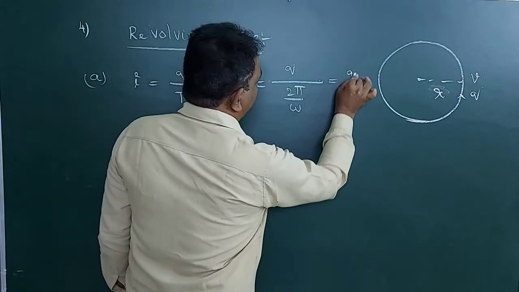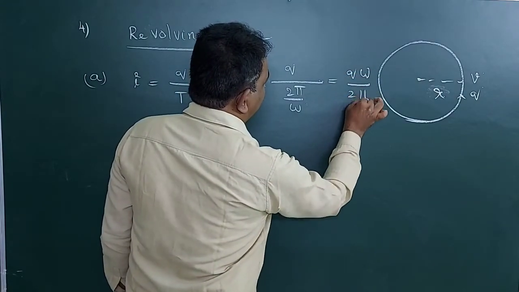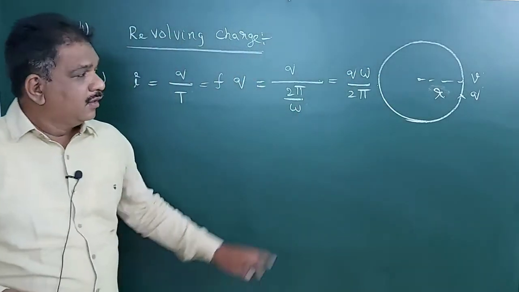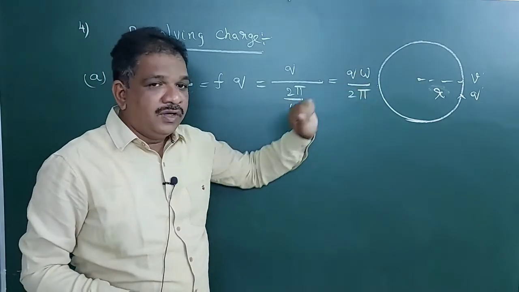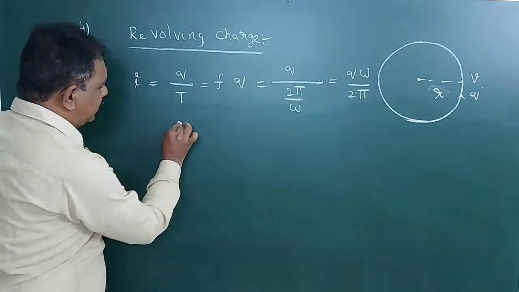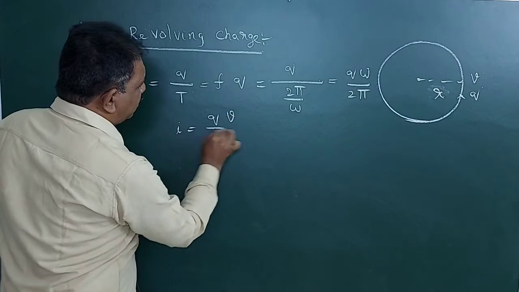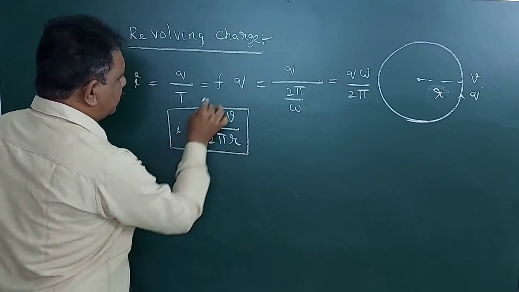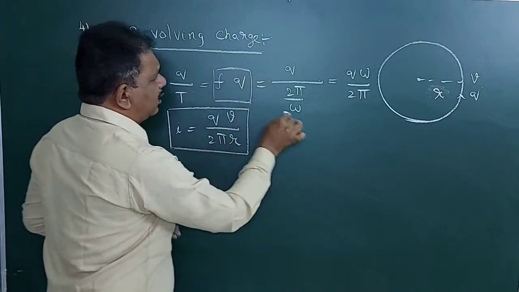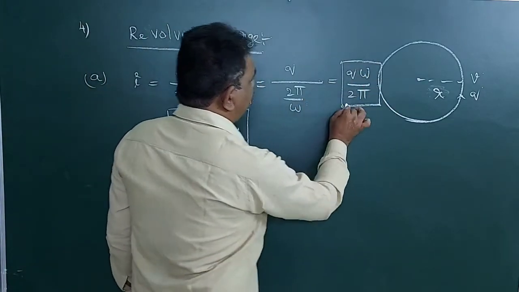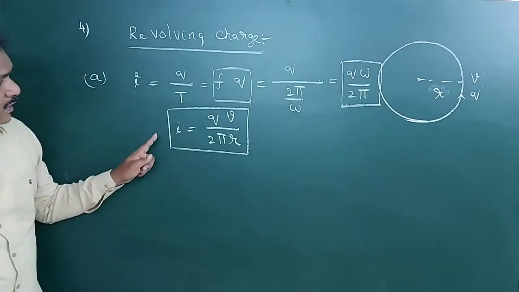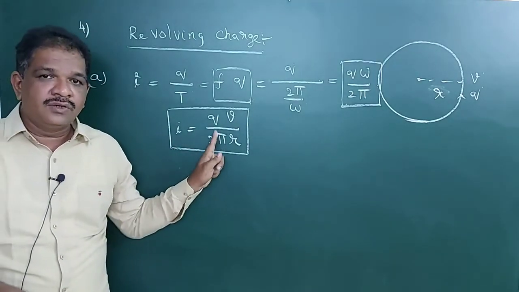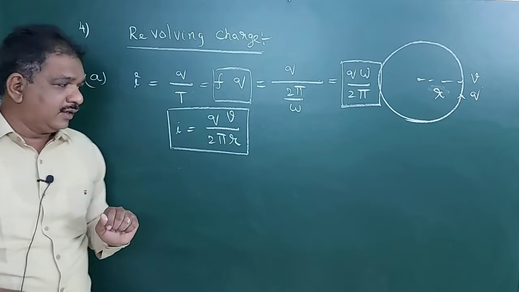So another formula will be Q omega by 2 pi. Omega is equal to V by R. So I is equal to QV by 2 pi R. This formula, the FQ formula or QV by 2 pi R formula, generally we will use to calculate the current.